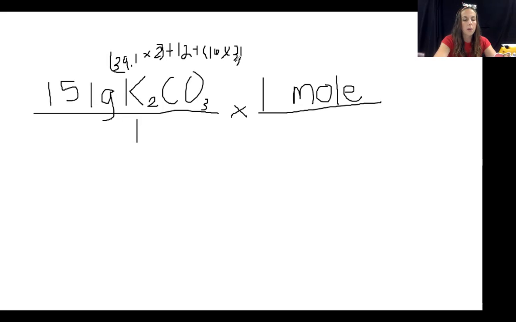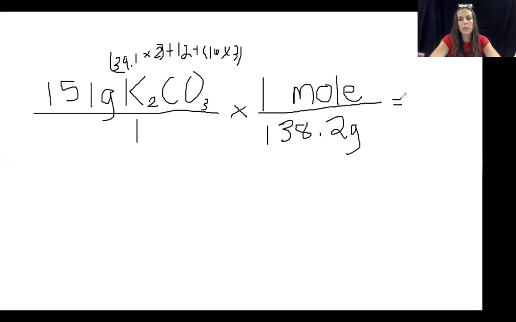So 39.1 times 2 in parentheses plus 12 plus parentheses 16 times 3. 138.2. Whoops. 138.2 grams.